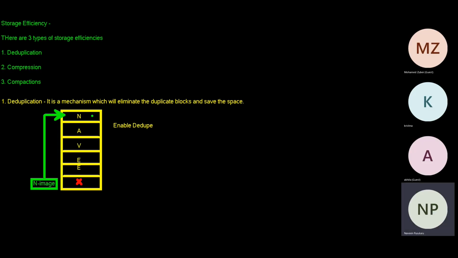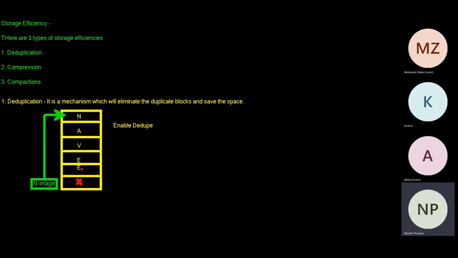So now I have only one N, and instead of the other N, it has an N image, and this image has a pointer towards the other N. If someone tries to access this N as part of reading the data, it will redirect that block to the original. This is how it works.